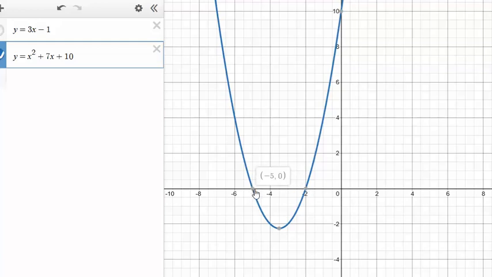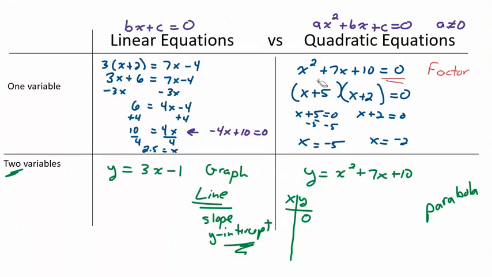Those are the x-intercepts. Let's go back and look at the equation in one variable that we just solved right here. If I let y equal to 0 in this equation, I would get 0 equals x squared plus 7x plus 10. And if I solved this equation, exactly like I did right there, I would get x equals -2 and x equals -5.